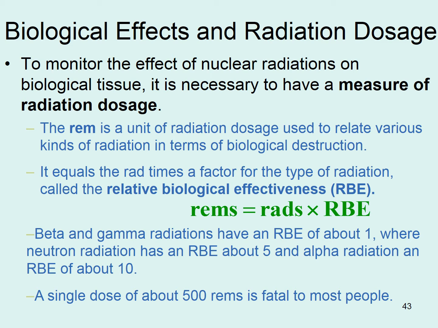So if it's beta or gamma radiation, the RBE is about 1. So REMs and rads are about the same. But neutron radiation is about 5 times as bad, so the REMs are about 5 times the rads. And alpha radiation actually has an RBE of 10, so it has a much larger effect. And just note, a single dose of about 500 REMs is fatal to most people.